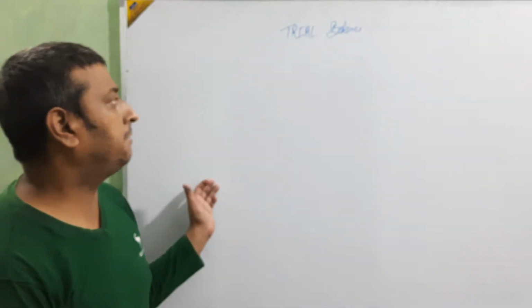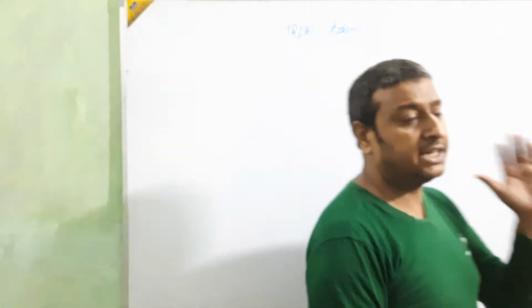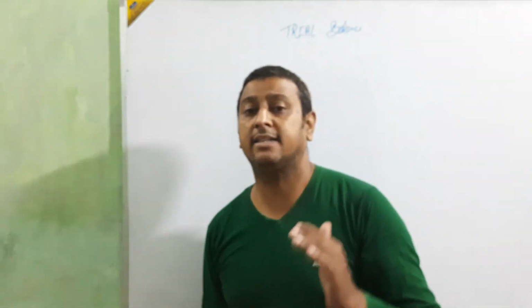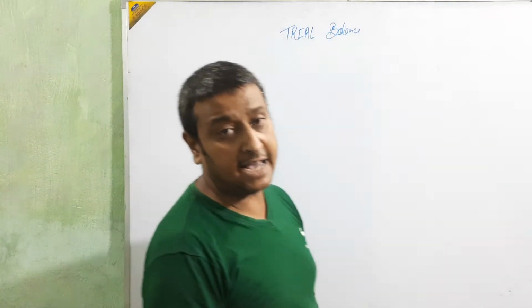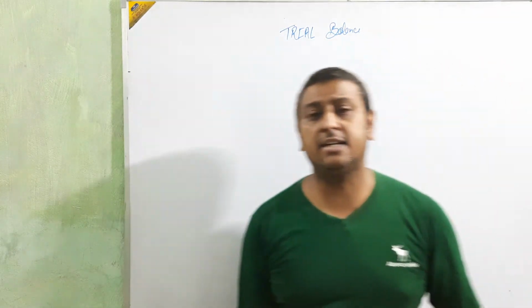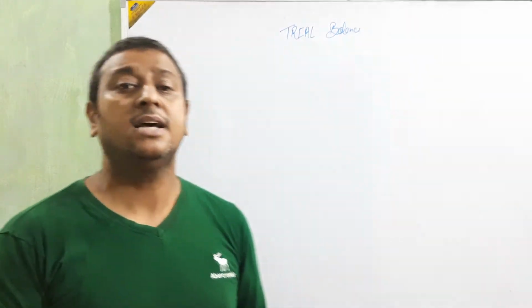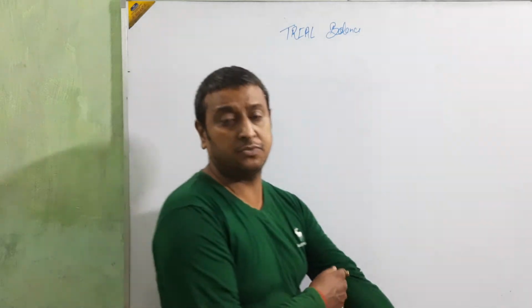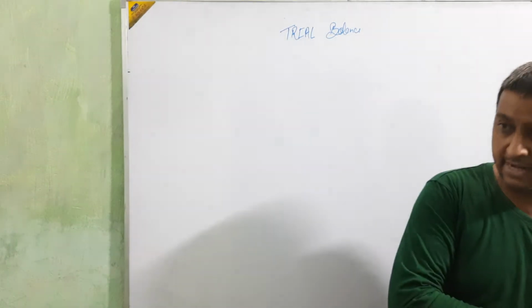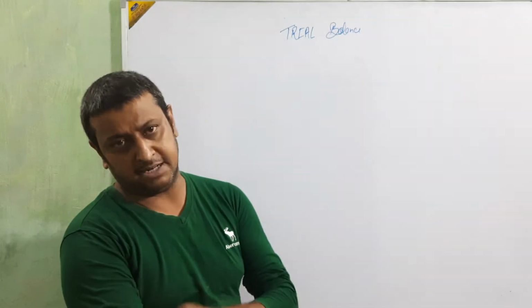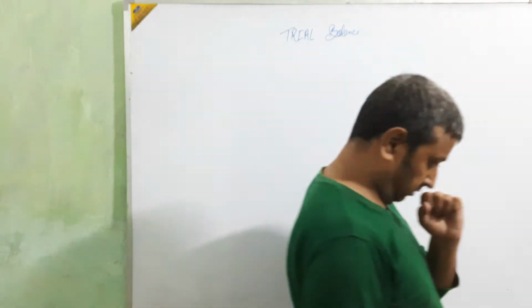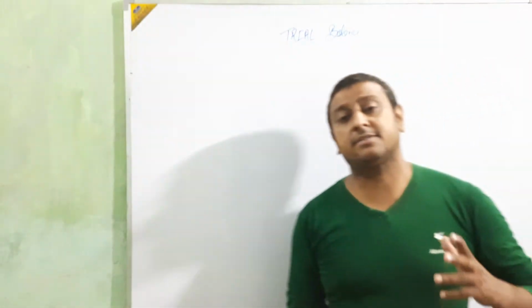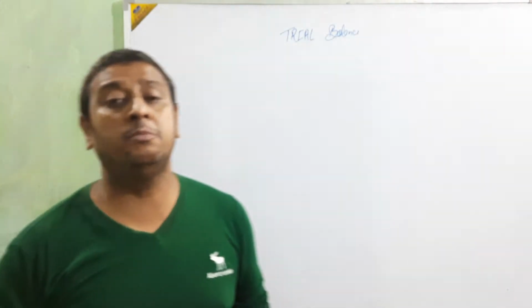So these are the errors which affect the trial balance. Next, errors which do not affect the trial balance: errors which we do not find by making the trial balance. In these, the first is error of omission.